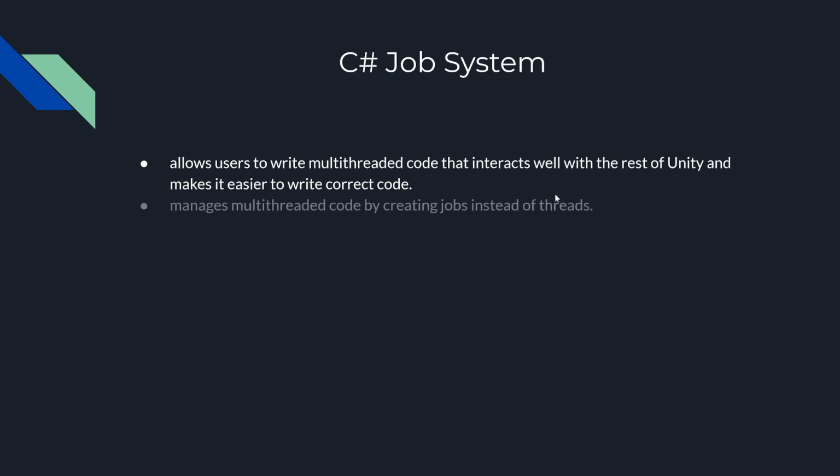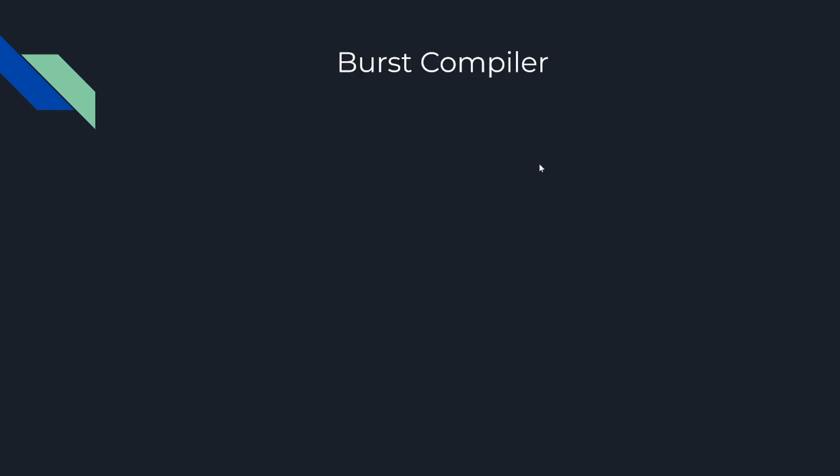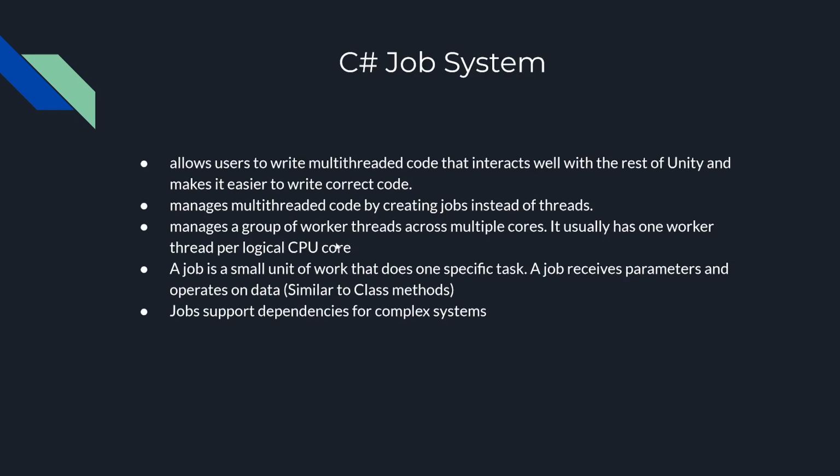So we don't need to go through a lot of these, but the job system is Unity's multi-threading system. We'll go through how to write jobs and how to schedule them and all that good stuff.